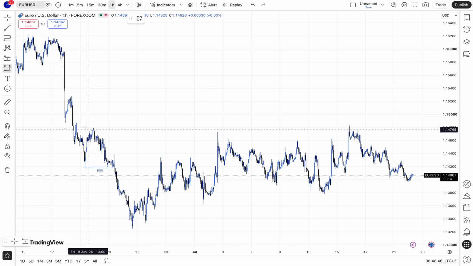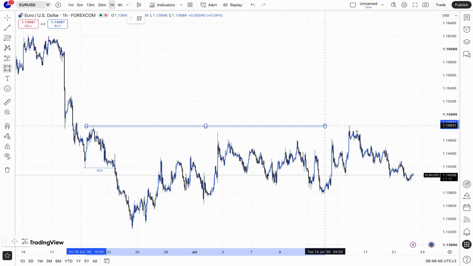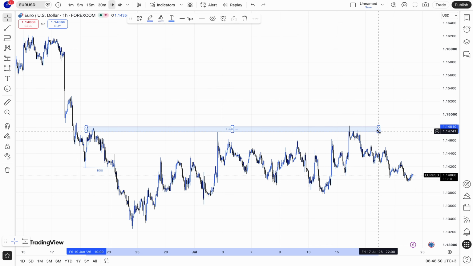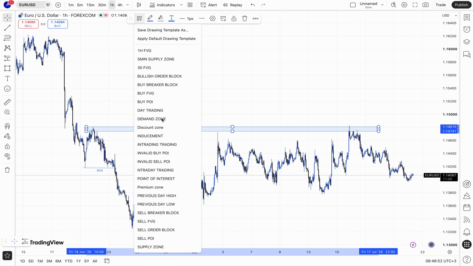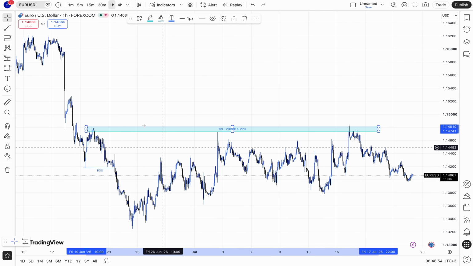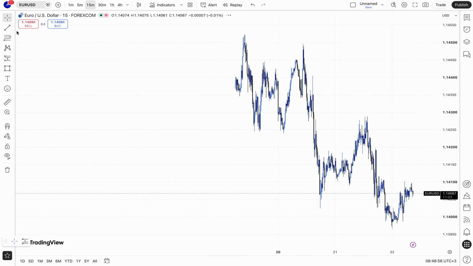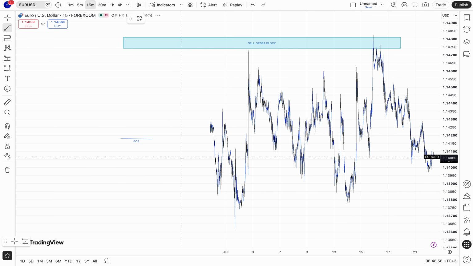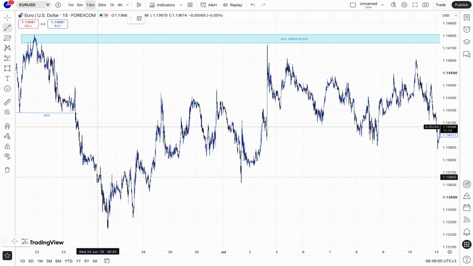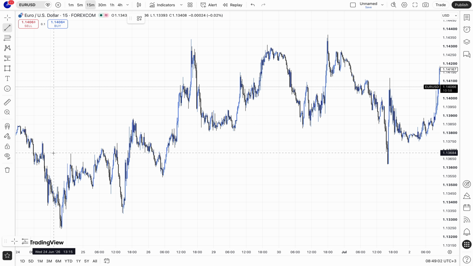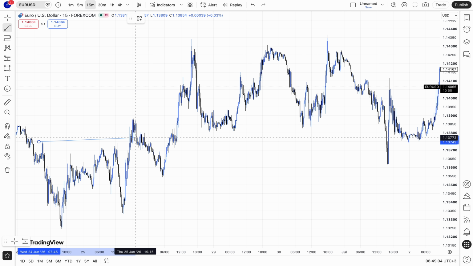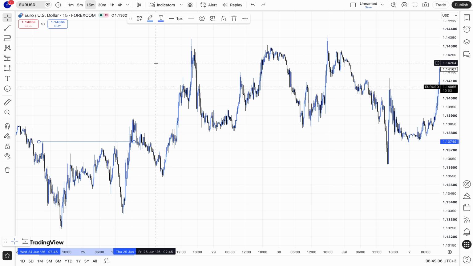Then from here you can understand that we had our supply zone, which was here. And the supply zone here, you can see that this is the sell point of interest. Then we had our last breakout structure to the upside.